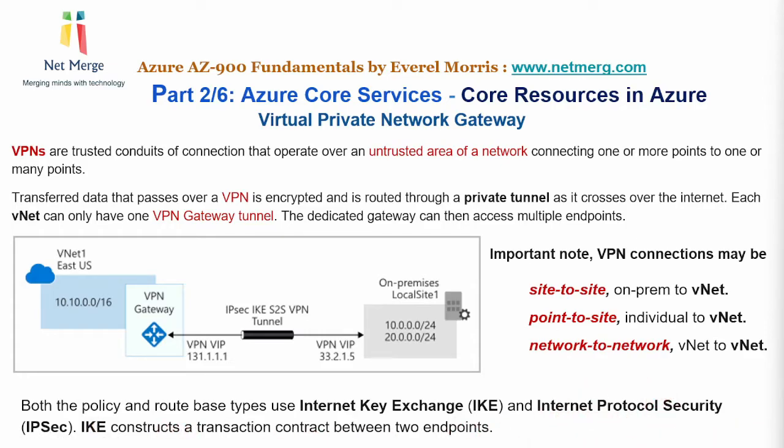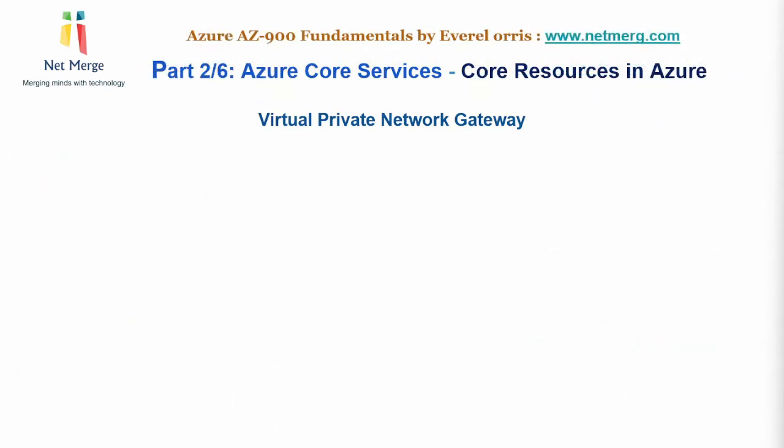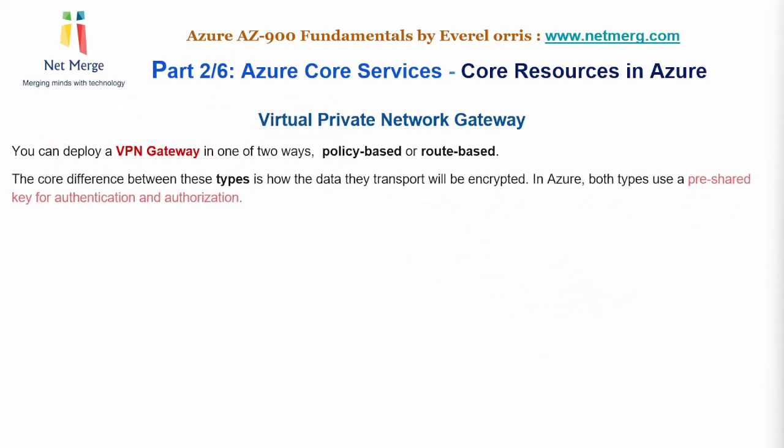So you get an understanding of how the data works as it passes through a VPN. Now let's take a look at virtual private network. You can deploy a virtual private network in one of two ways. You could use policy based or you could use route based. The core difference between these types is how the data that you transport will be encrypted.